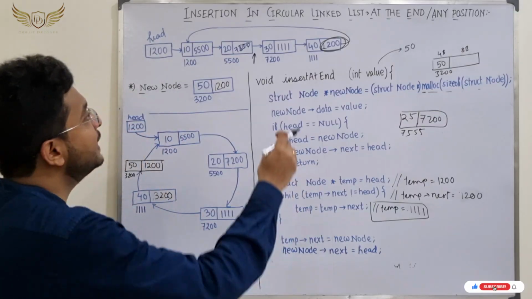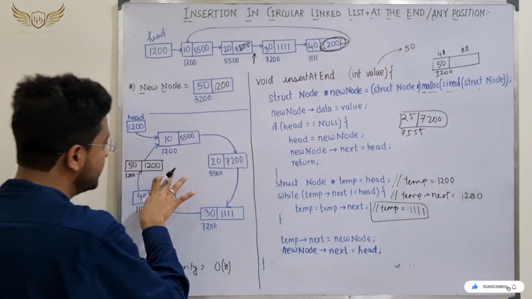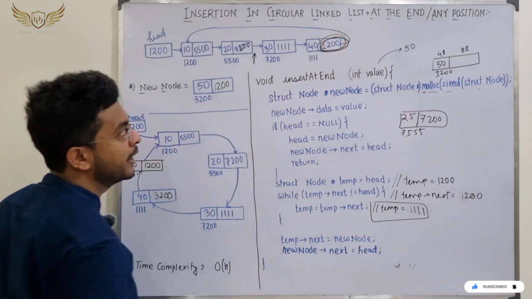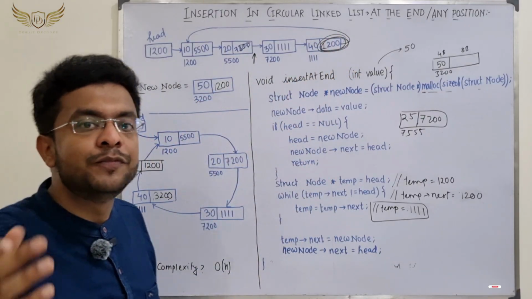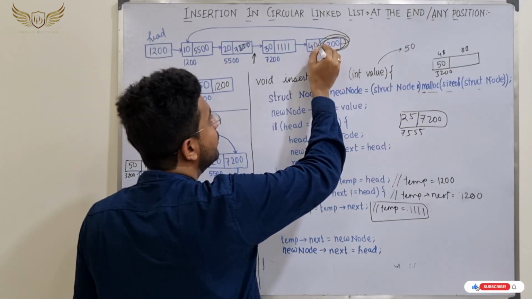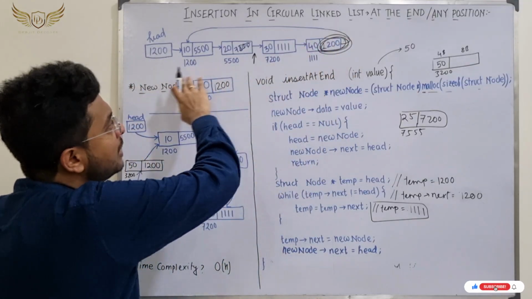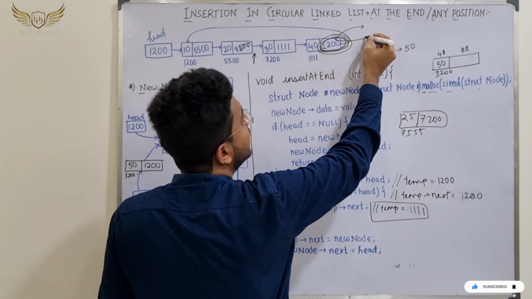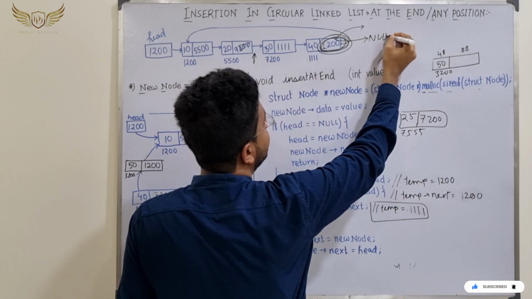In case of inserting at the end, we have already seen just now, again this value should be modified. And the change from a normal single linked list to a circular linked list is here only, because apart from this, everything is absolutely similar. Here for circular linked list this is the thing, but for a single linked list, it was null.